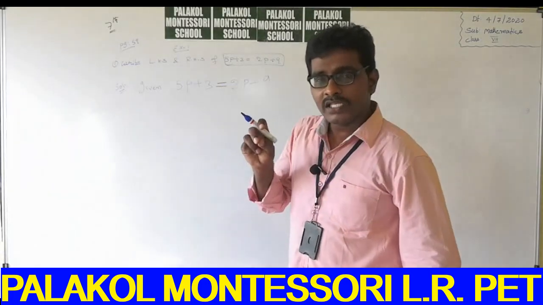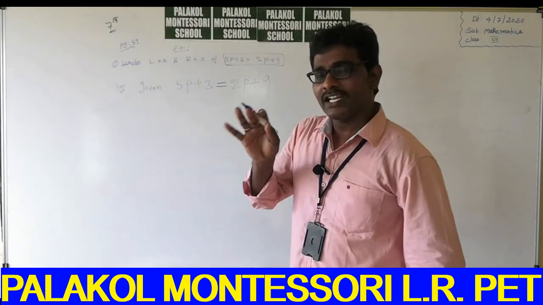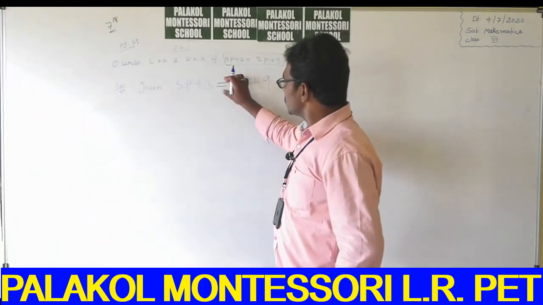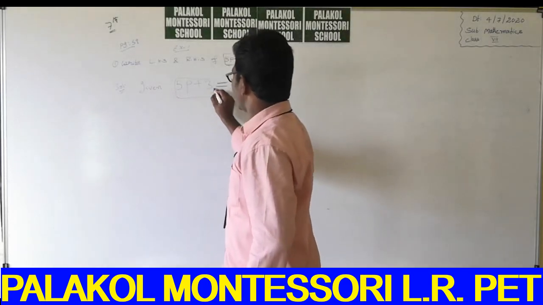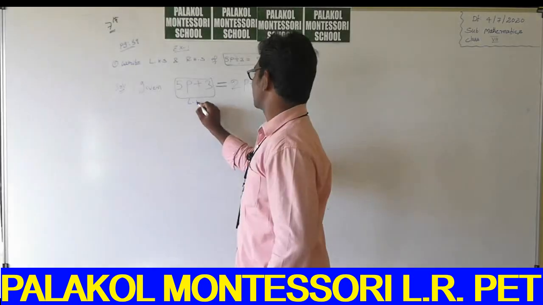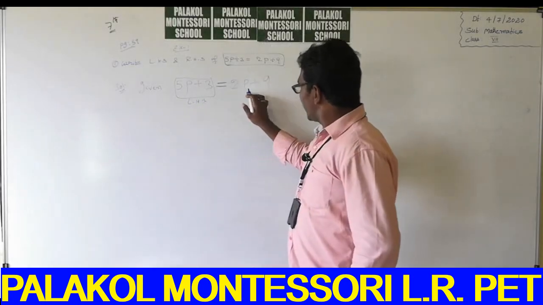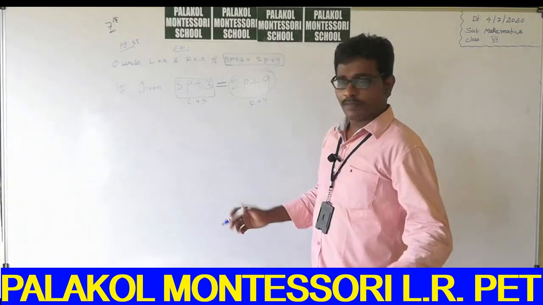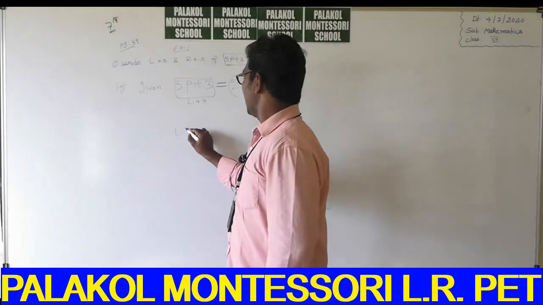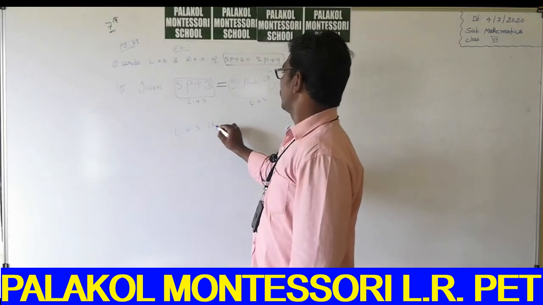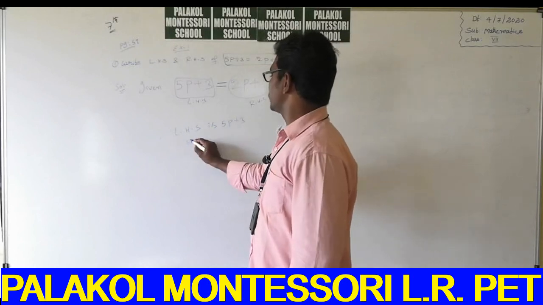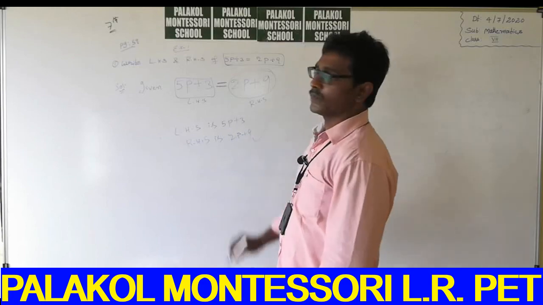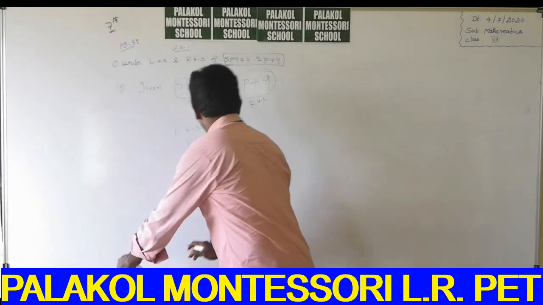In the equality sign, the term on the left hand side is called LHS. The term on the right hand side is called RHS. The sum is over. Therefore, LHS is 5p plus 3. RHS is 2p plus 9. The sum is over.